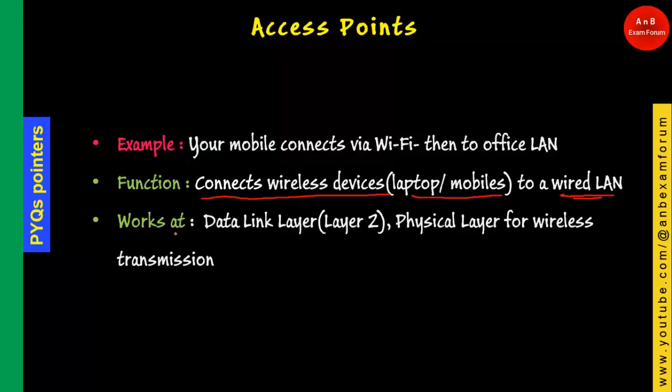This access point works at the data link layer, and the physical layer is used for the wireless transmission. This is different from wired transmission. For wireless, the physical layer will definitely be used, but it works at the data link layer, that is layer 2.